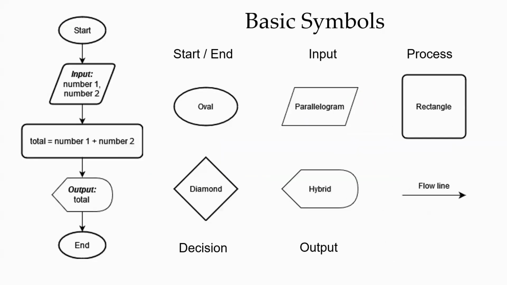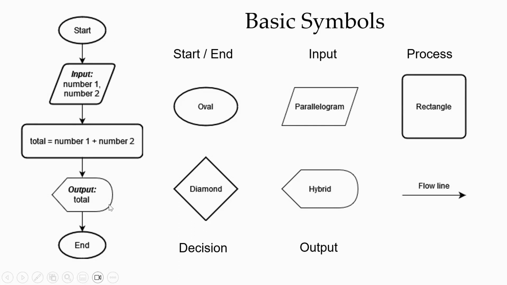And if you would like to draw a flowchart, you need to first understand some of the basic symbols involved in a flowchart. We have 6 elements or symbols here. The first one is the oval shape, which indicates the start and also the end. You have the parallelogram, which indicates the input, a rectangle, which represents the process, a diamond shape, which indicates a decision, which is not shown in this flowchart yet.